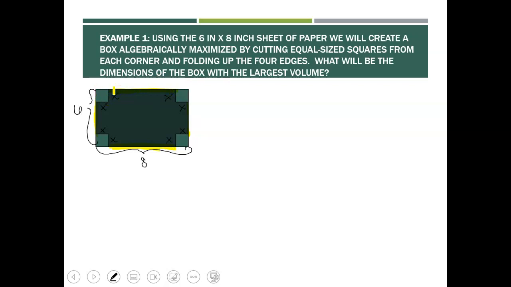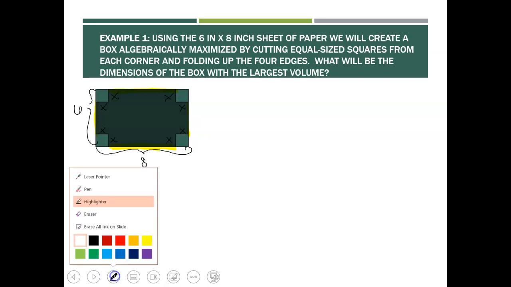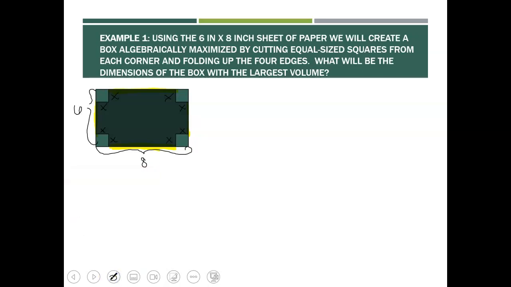So now, instead of the length of the box being 8 inches or 6 inches, the length of the box becomes 8 inches minus both x's and 6 inches minus the 2 x's that you used to fold up the heights.